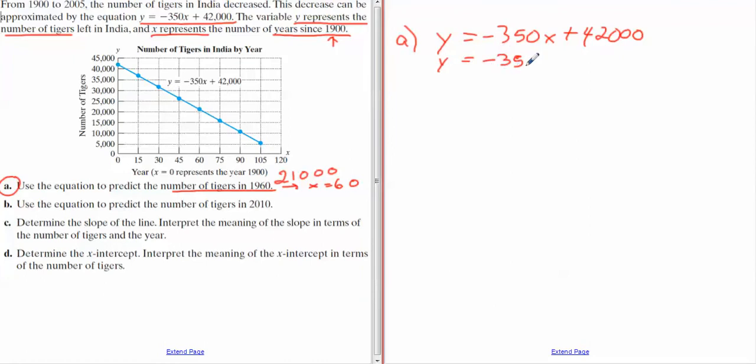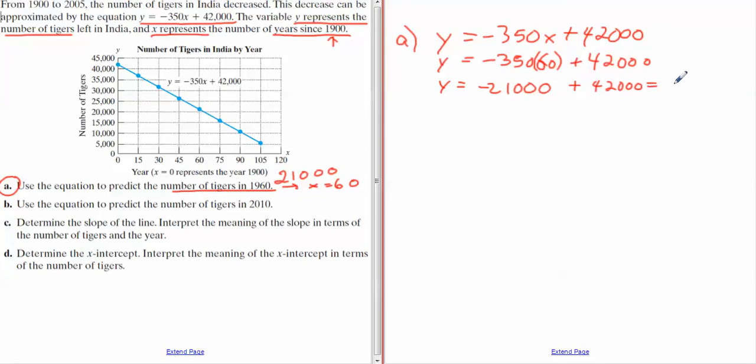y equals negative 350 times 60 plus 42,000. y equals negative 350 times 60, which is negative 21,000, plus 42,000.